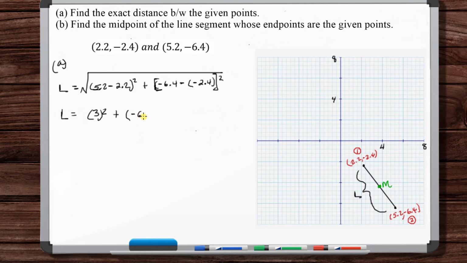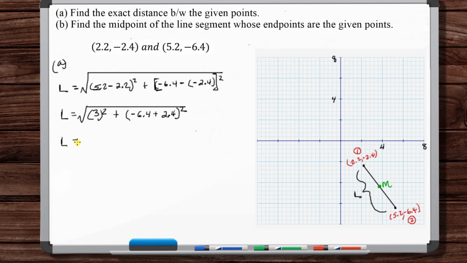So minus 6.4 plus 2.4, right, because we had minus 6.4 minus 2.4, and this turns into a plus.